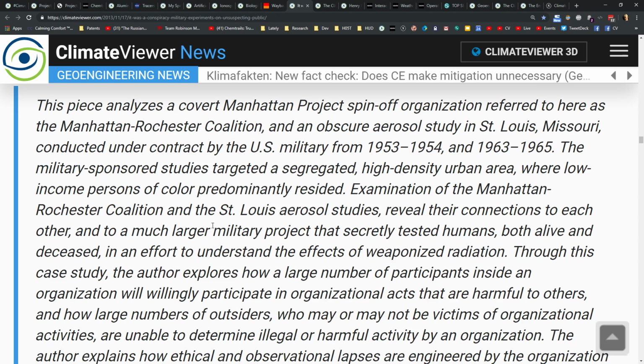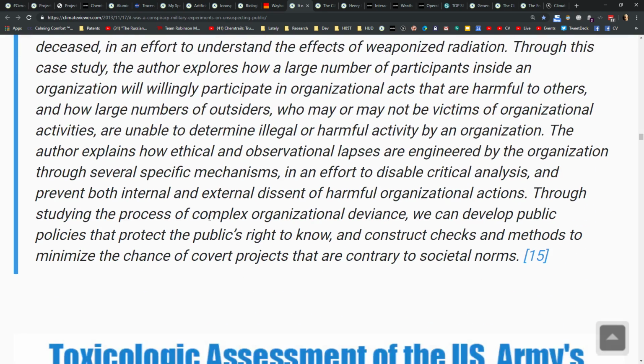The military-sponsored study targeted a segregated, high-density urban area where low-income persons of color predominantly resided. So yeah, they sprayed the hell out of a bunch of black people in St. Louis. Later on, the people who had died, they went and ground up their thyroids to find out what their dosage rates were and all of that sort of stuff.